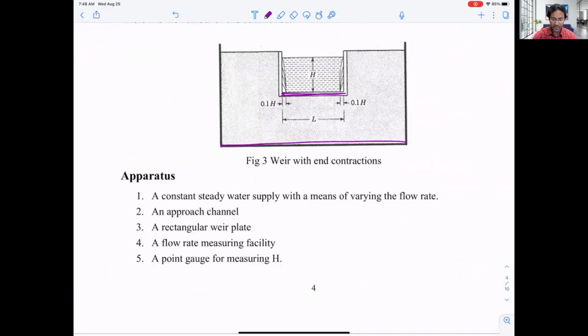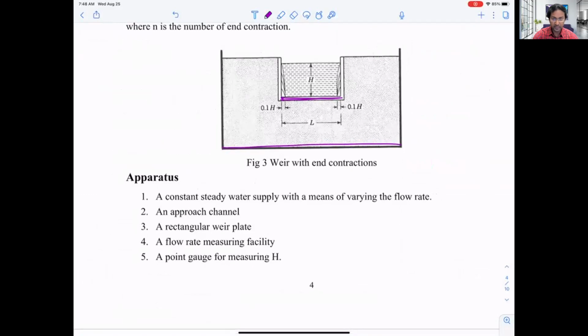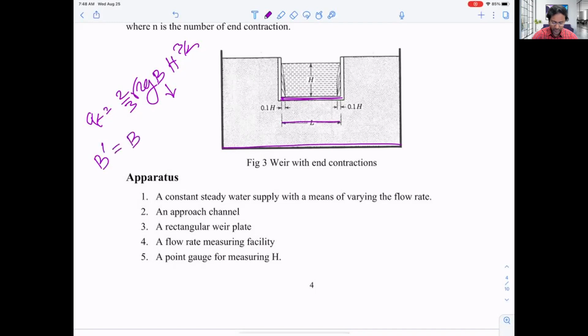For end contraction, the actual width that we have to use in that equation, that B, where QT is equal to 2/3 root over 2g, B, and then h to the power 3/2, will not be the same as the length B. It has to be less. So it will be B prime equal to the actual width minus 0.1 n h, where n is the number of end contractions. If we have two ends contracted here, n will be 2, and h is the total height we just saw.